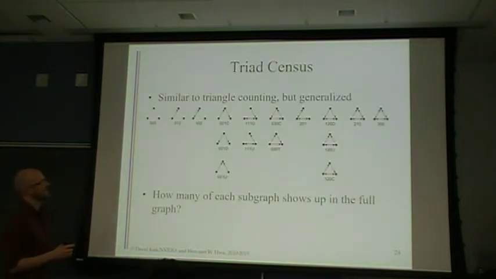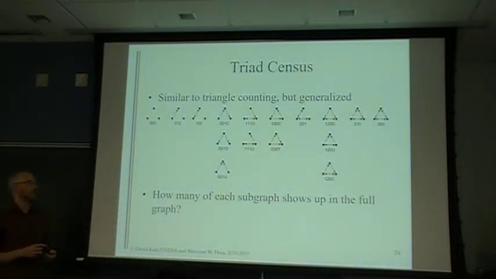So, if you're just tired of triangle counting, there's something a little more interesting that people are interested in researching, which is called Triad Census, which is counting all of these different 3-node subgraphs, the population of these 3-node subgraphs in a big graph.